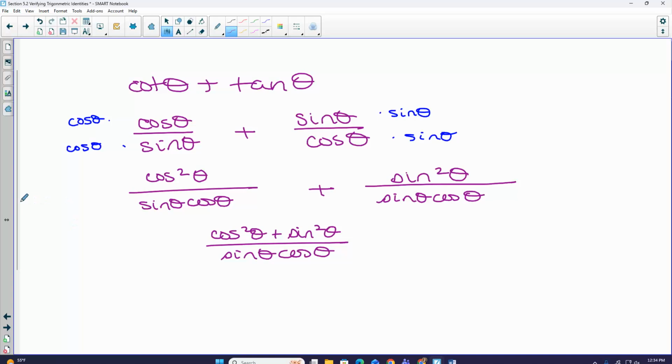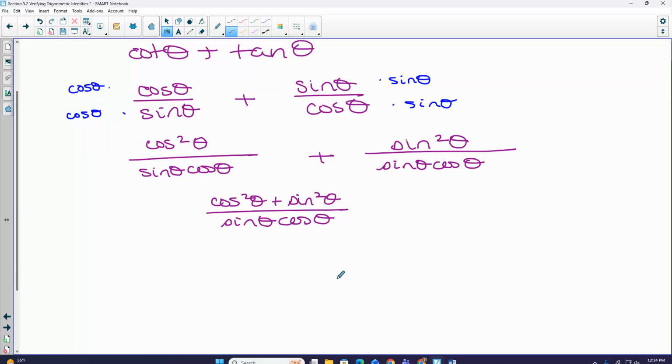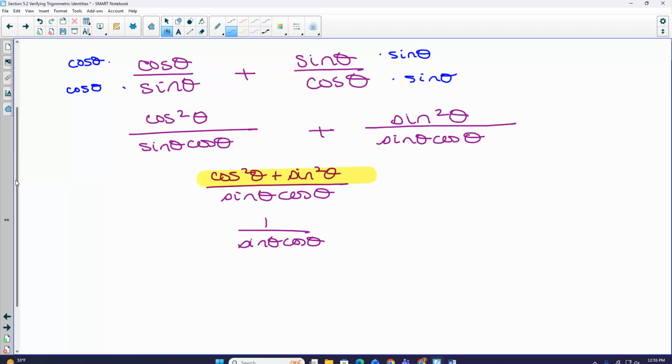Do you recognize anything right now? Yeah, cosine squared theta plus sine squared theta is 1. We could leave our answer like this, that's perfectly fine, but you also might see me write it a little bit differently sometimes.